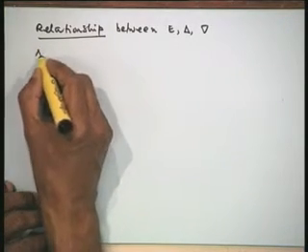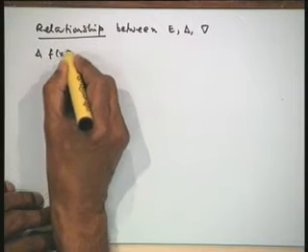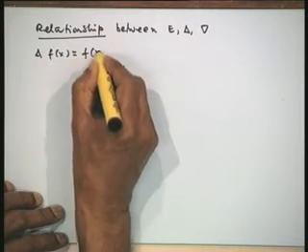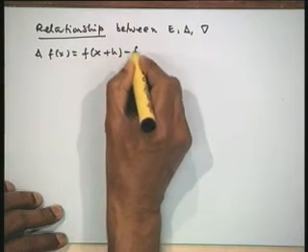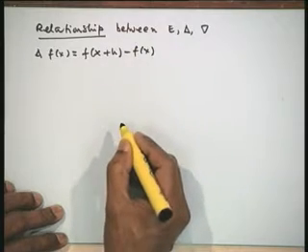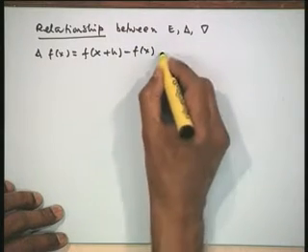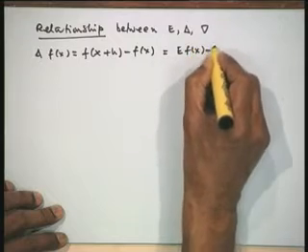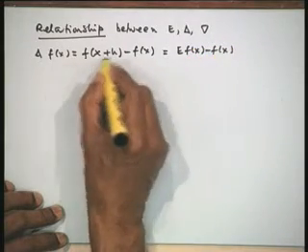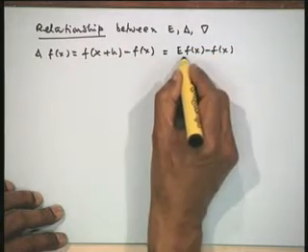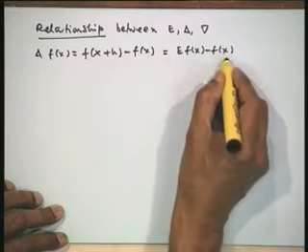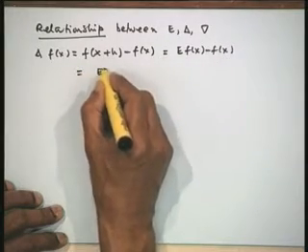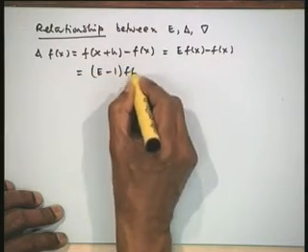Now, let us write down our definition of delta f x, that is f of x plus h minus f of x. Therefore, this is equal to E of f x minus f x. By definition, E of f x is f of x plus h, so this is E of f x minus f of x, that is equal to E minus 1 of f x.